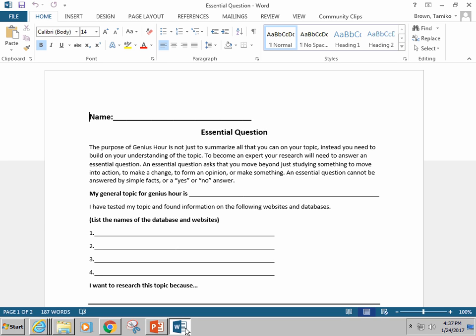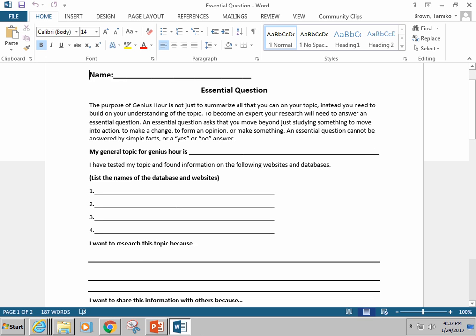So here's a space where you write your topic, and you should have your topic. We had that ready to go for Expert Day. So that's the line where you put your topic, and you're going to start looking at the databases and websites, educational websites, to find the answers to your questions, your driving question.